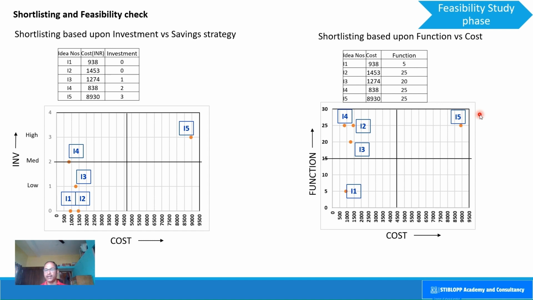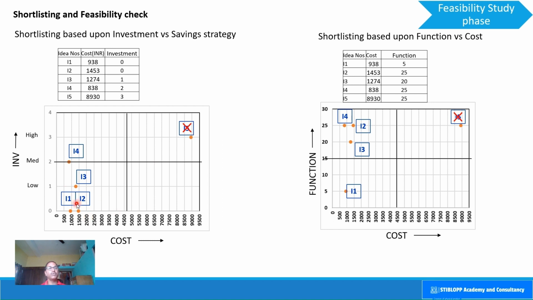It's nothing but filtering. Now if I look at the five, idea 5 is an odd man out because the cost is high, the investment is also high, and the manufacturer doesn't want to go with this idea. So first let me eliminate this. The second is ideas 1 and 2.